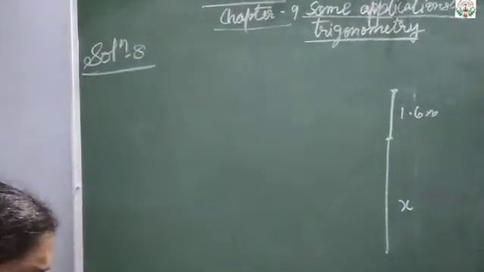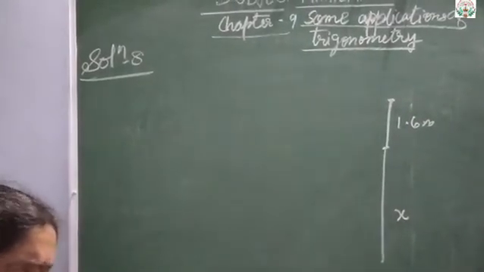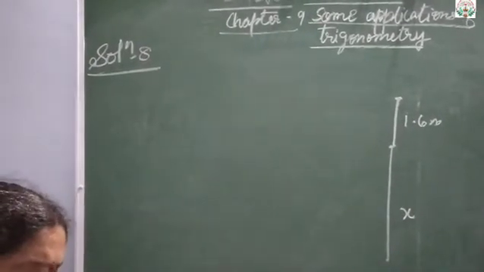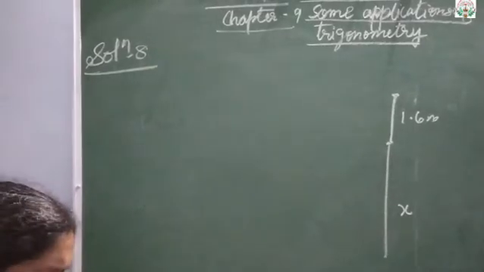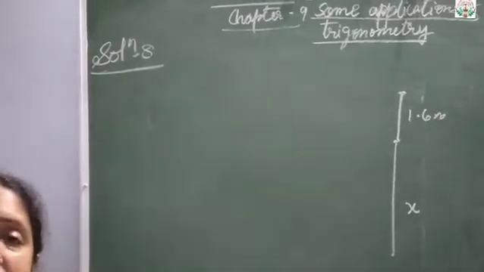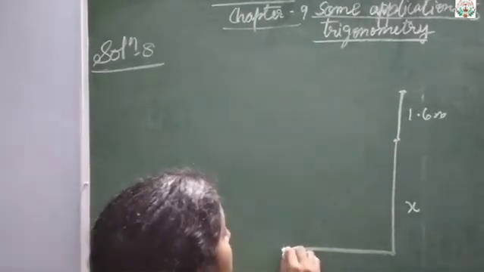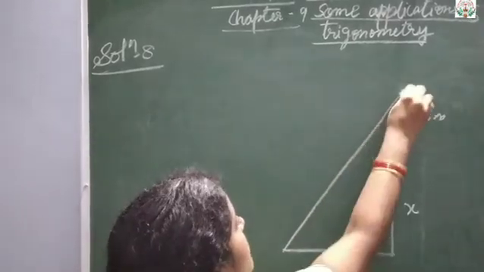So what is given in the question? From a point on the ground, the angle of elevation to the top of the statue is 60 degree. Means from here the angle of elevation to the statue is 60 degree.